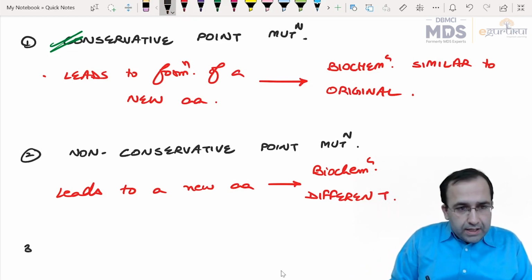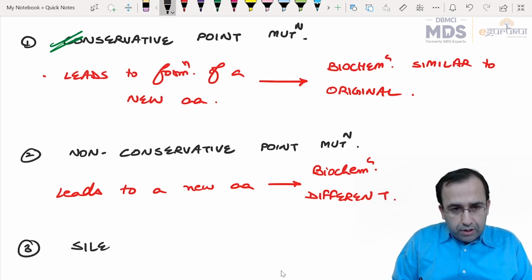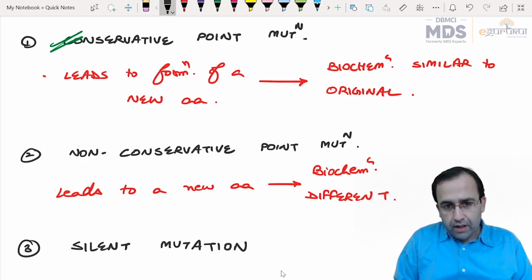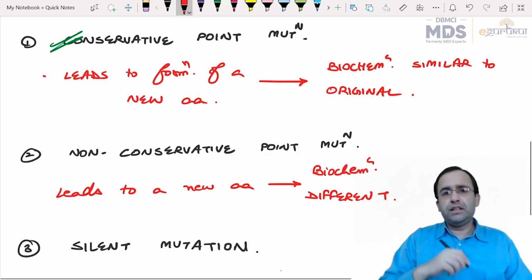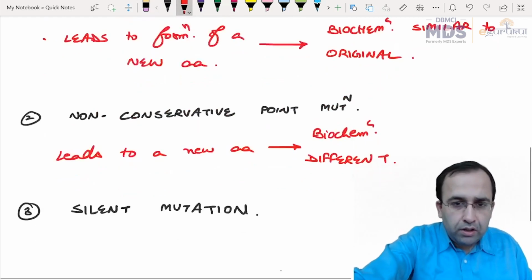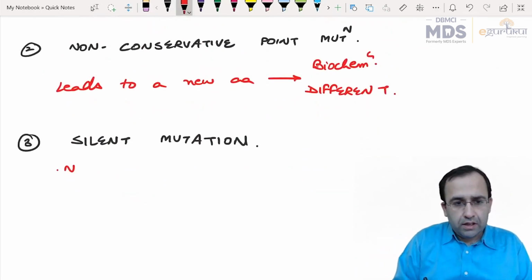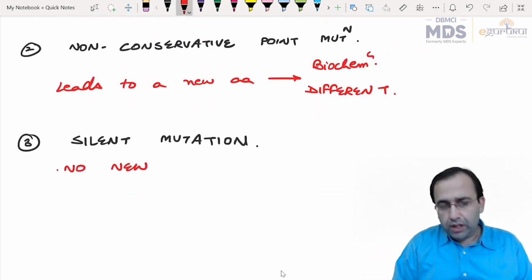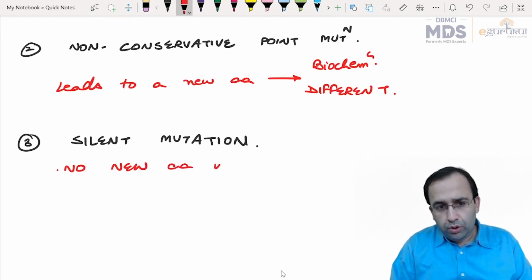Next is a silent mutation. Silent mutation means a point mutation has occurred but no new amino acid is formed.